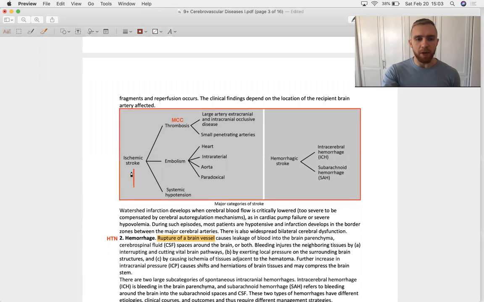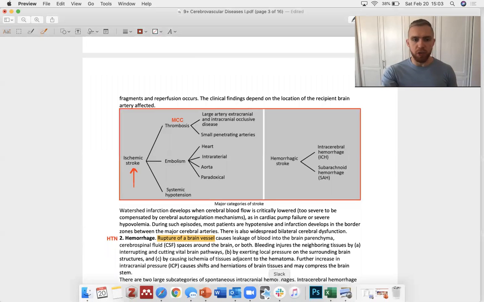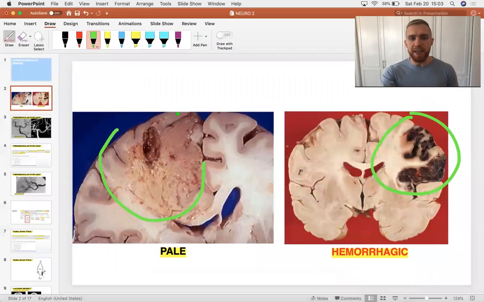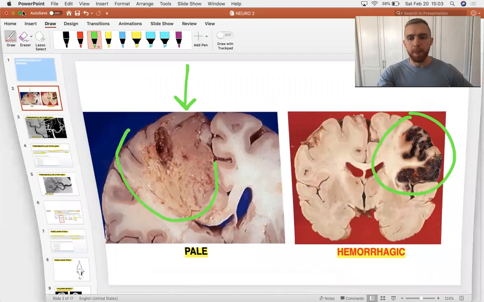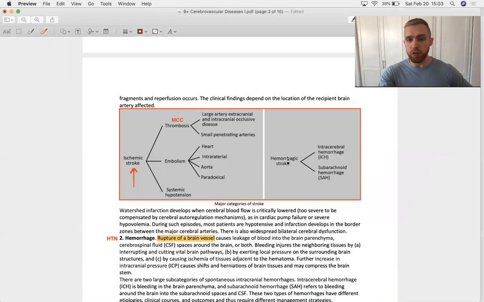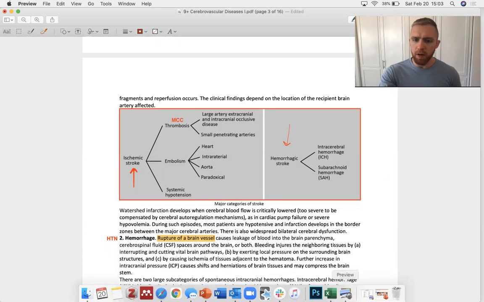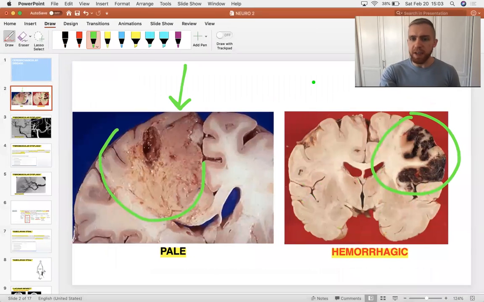So ischemic strokes, in which there's an obstruction of arterial blood flow to the brain, or there's systemic hypotension, those ischemic strokes tend to lead to pale infarctions. Whereas hemorrhagic strokes, in which there's a hole in one of the arteries in the brain, those obviously tend to lead to red infarctions.